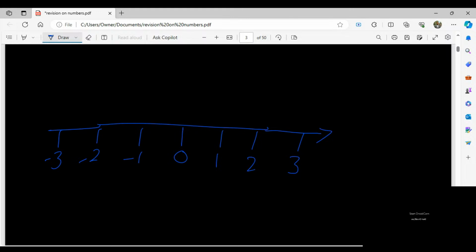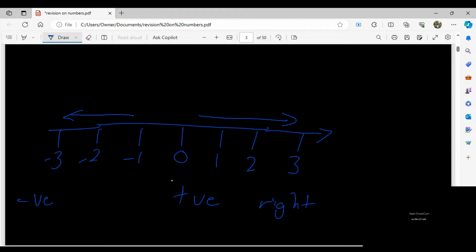So you notice that if numbers are being more positive, they're going to increase going this direction. So you see the numbers get more positive as they go to the right. And you also notice that numbers as they go to the left on the number line, they get less negative.